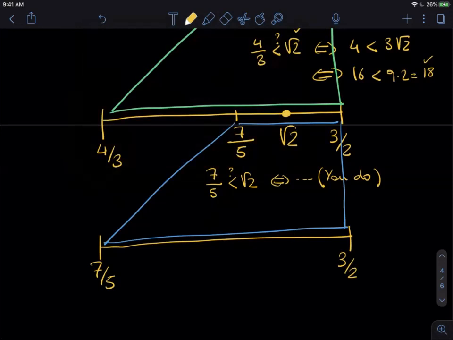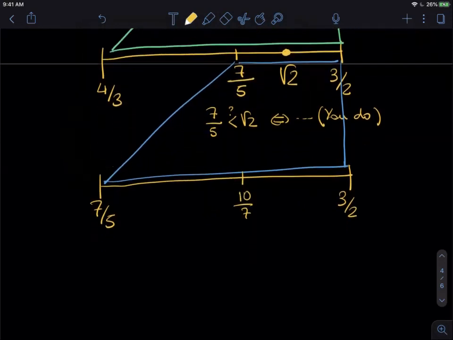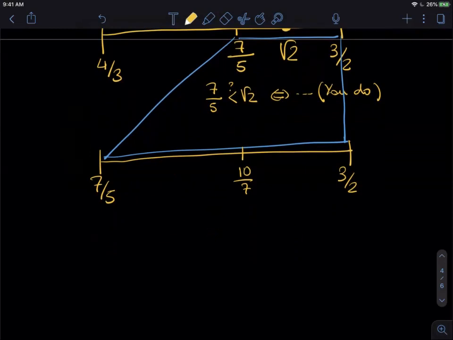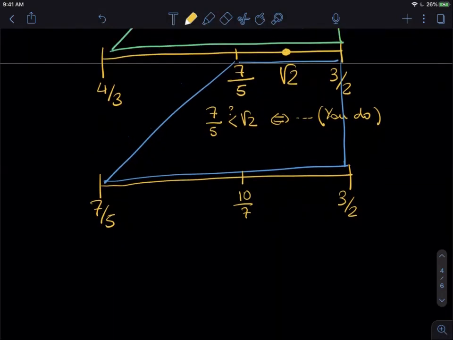So if I compute the number in between these two, it's going to be 10 divided by 7. Okay. So when I do 10 divided by 7, this one turns out to be bigger than the square root of 2. Okay, so square root of 2 is somewhere here.